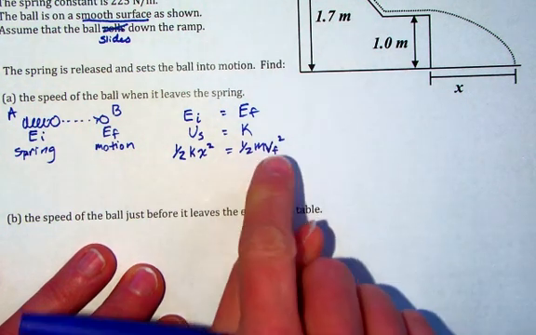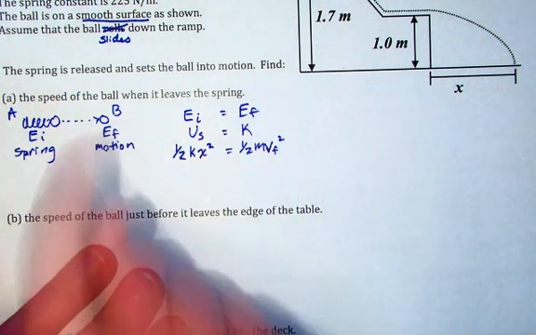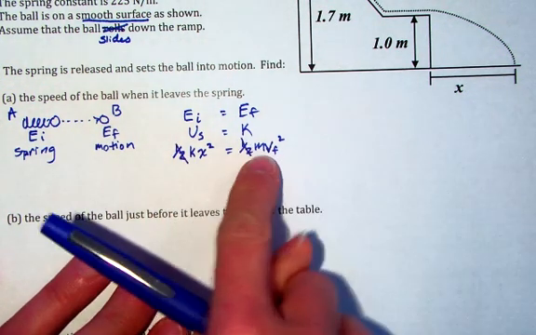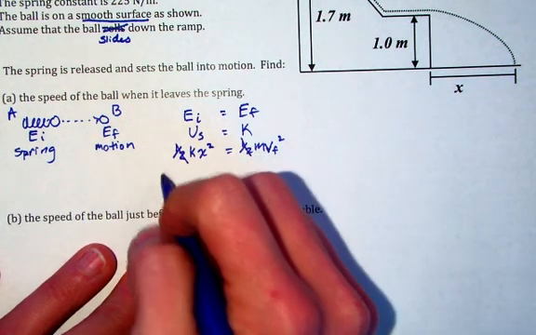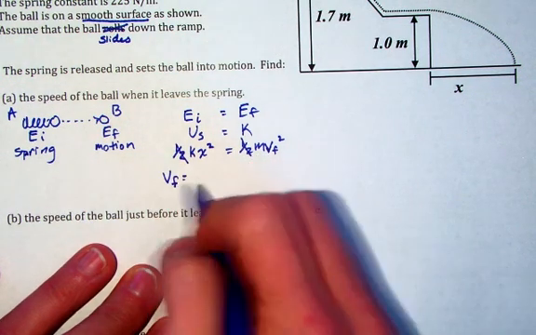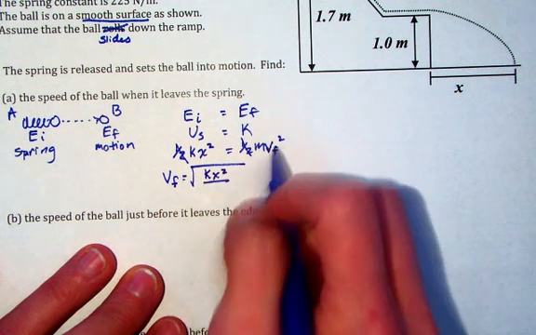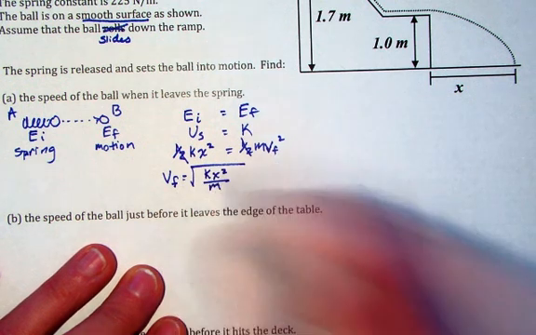And I'm looking for that final speed when it gets to that B position. So the halves cancel out. I'm going to divide by m and then take the square root. So the final velocity is the square root of kx squared over m.